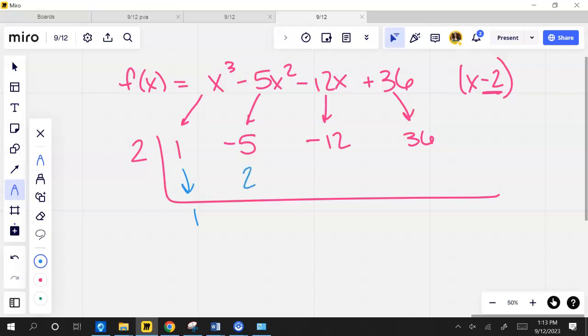Multiply and add. Multiply and add. Multiply and add. Because it's just x minus a number.